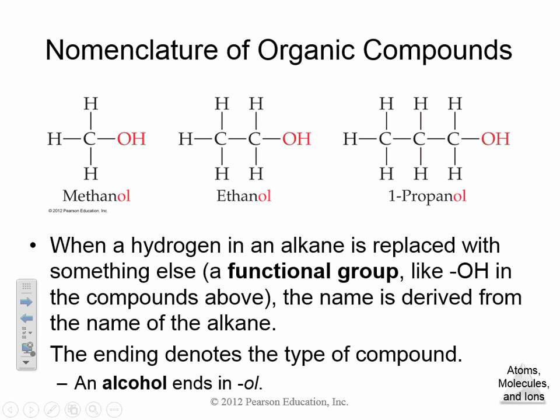And the functional group is going to change the properties of the entire organic molecule. In this case, we added an alcohol group, and alcohol is OH. We will do naming later in the year. I simply want to expose you to the different types of side groups that you can have instead of just H's. So OH is one group, and it is called an alcohol.